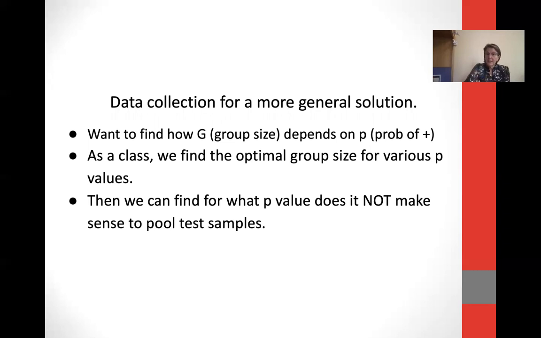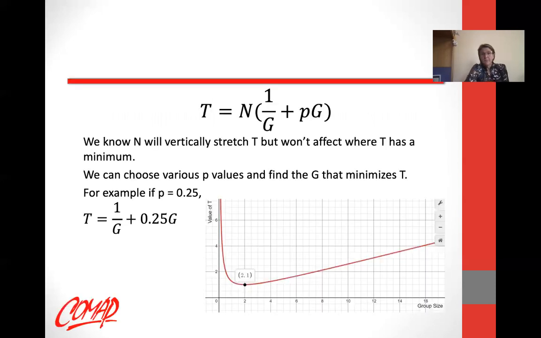If we do that, we can collect a set of data that will help us understand the relationship between the optimal group size and the p-values. So let's think about how we might do that. Here's my function, and I just chose a p-value.